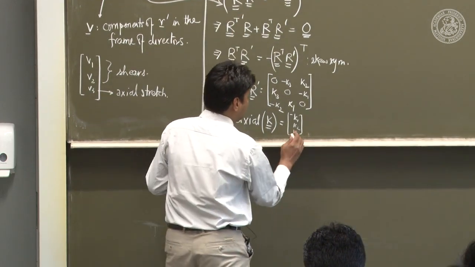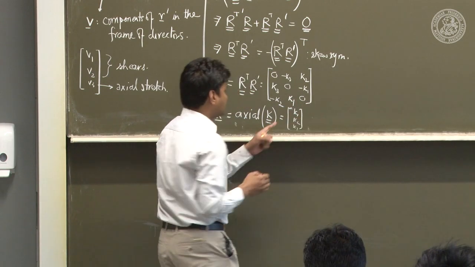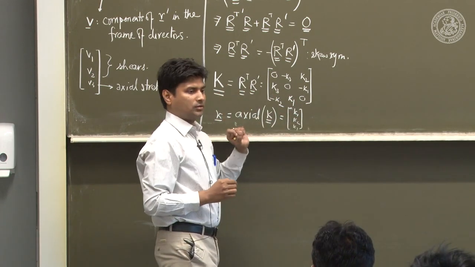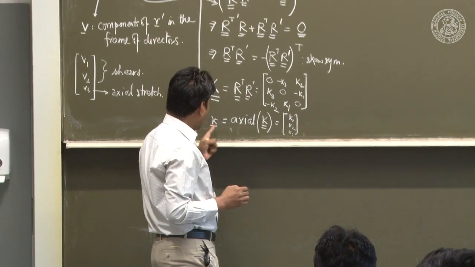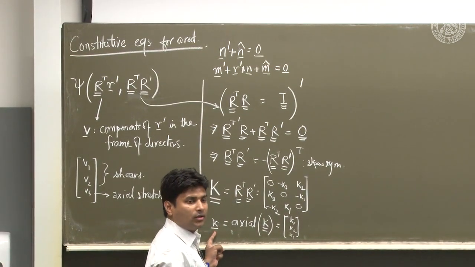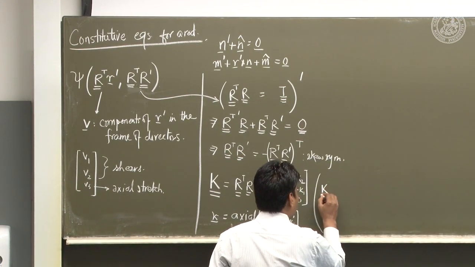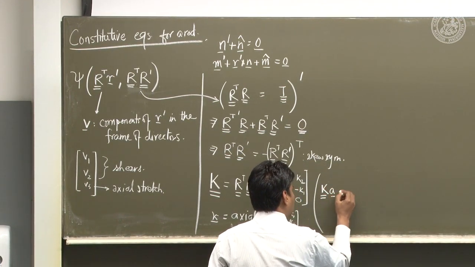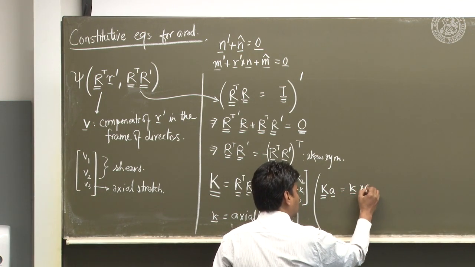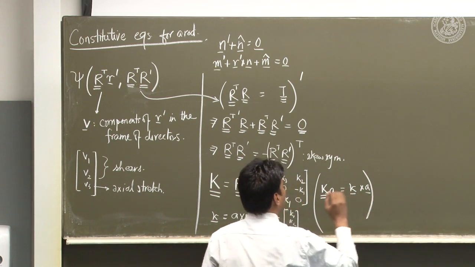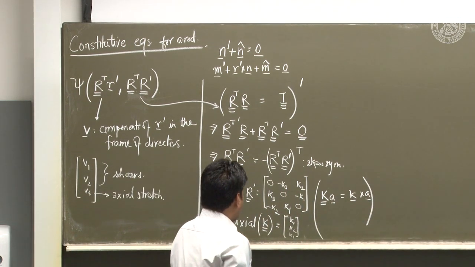And the relation between big K and its axial vector little k is that big K times any vector A is simply its axial vector k cross A.